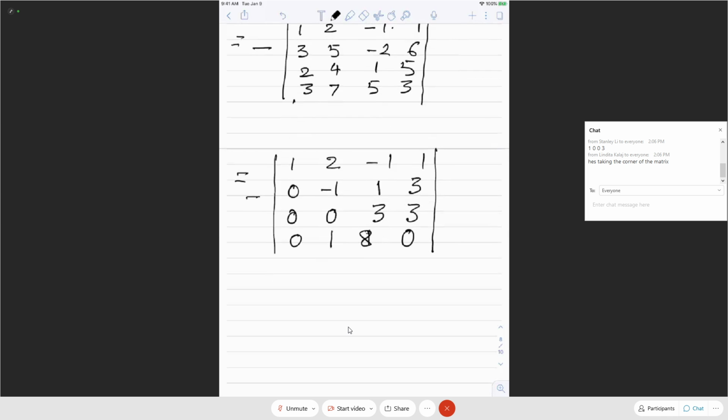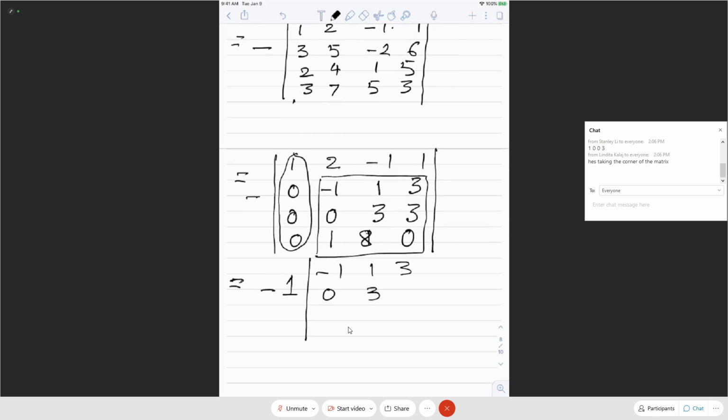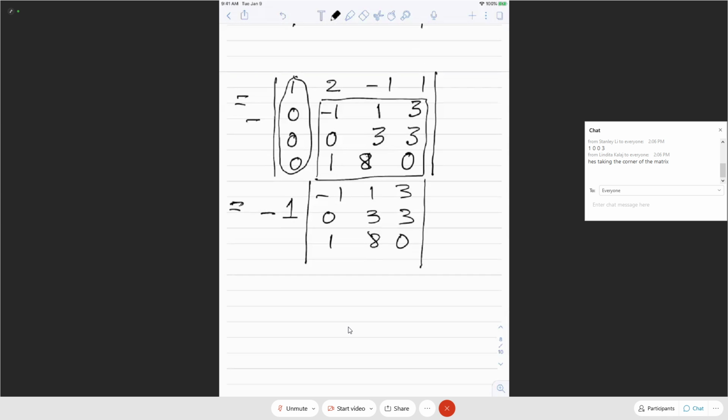I will simply expand along this column. So this is minus 1 times this determinant. So it boils down to doing this. But I'm going to make it even more simple.